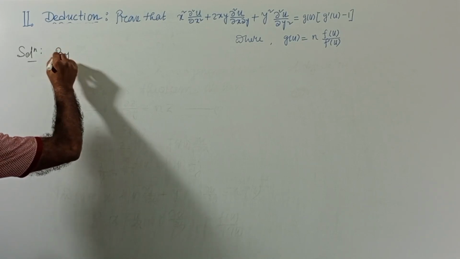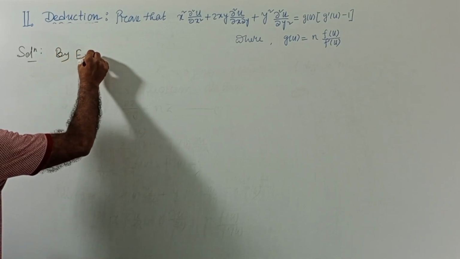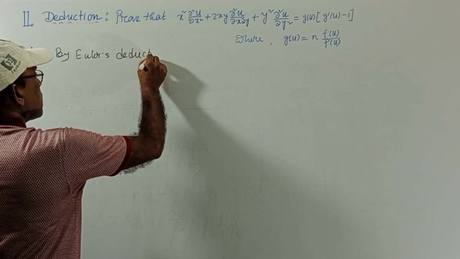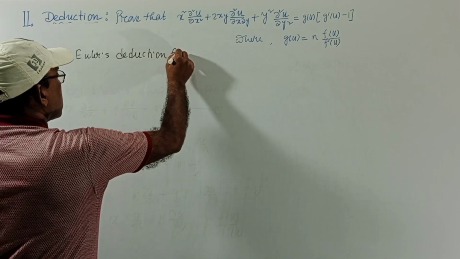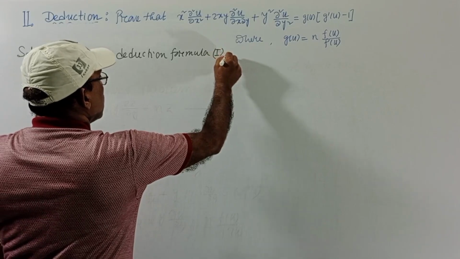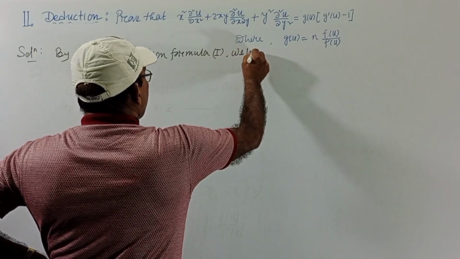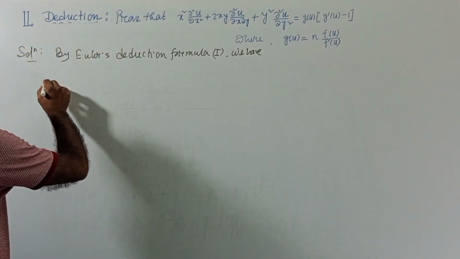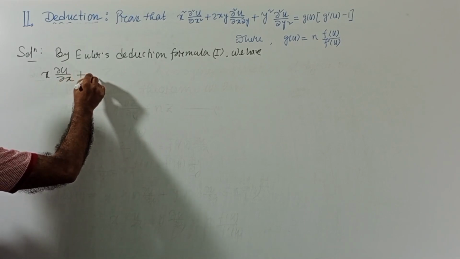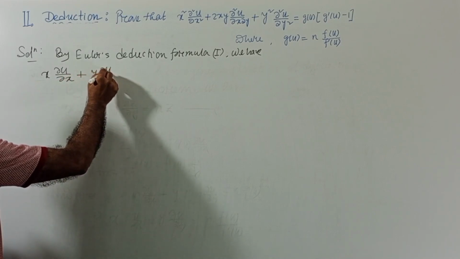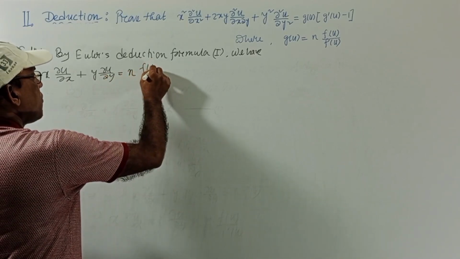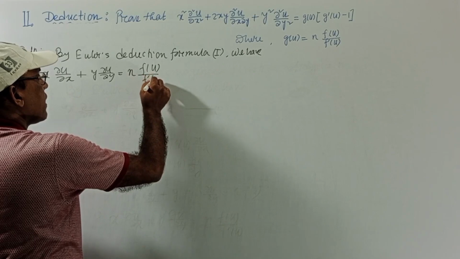By Euler's deduction formula 1, we have x del u del x plus y del u del y equal to n f of u by f dash u.